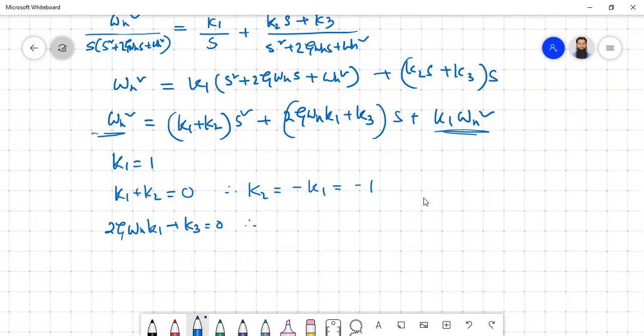From that, we can see that k3 has to be minus twice zeta omega n, because k1 is 1, so we can directly write that value.